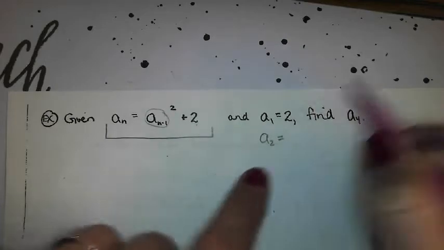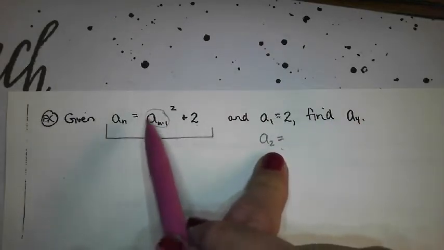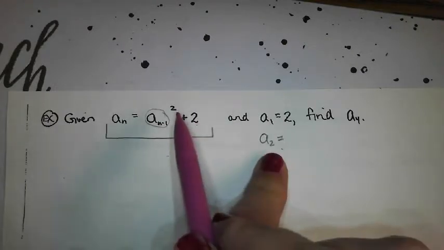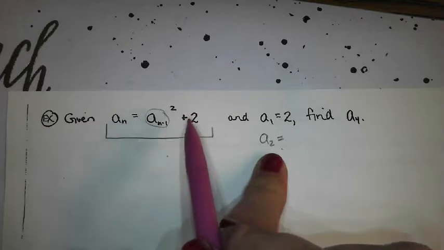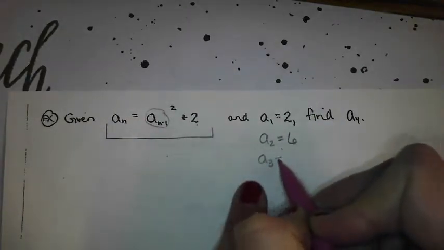So if I'm looking for the second term, I need to take the previous term, which was what? 2, square it, which gives me 4, and add 2, which gives me 6. Now I move on to the third term.